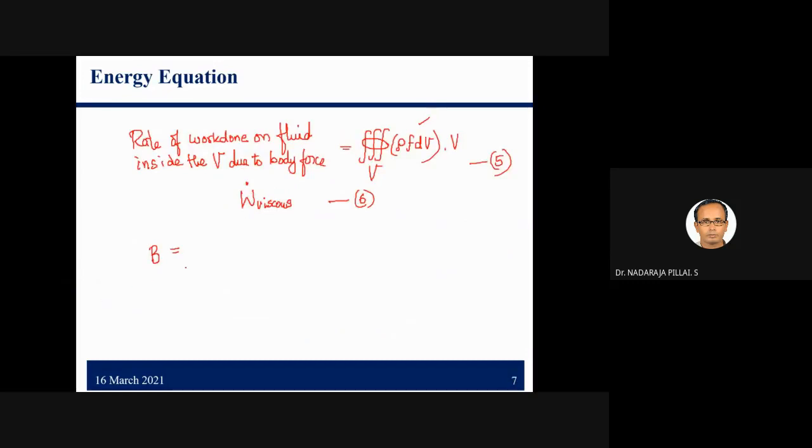The work done component is, first, the work done due to the pressure force, plus the body force, triple integral of rho F dot V dV, plus W dot viscous, the work done because of the viscosity. I will write this as equation 6.